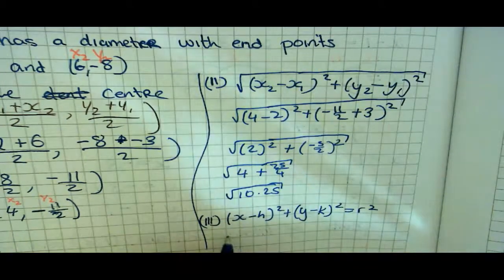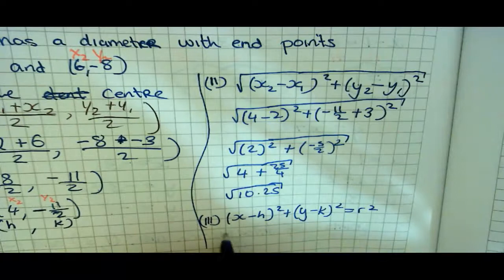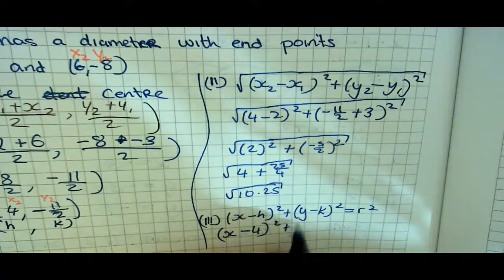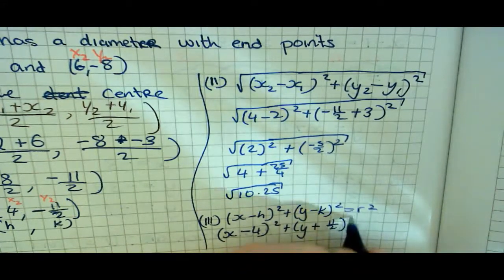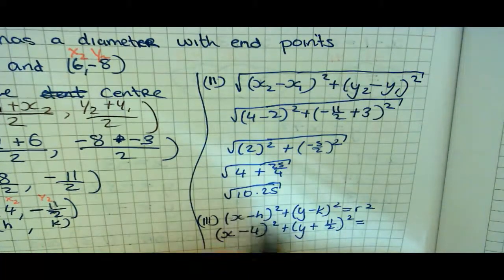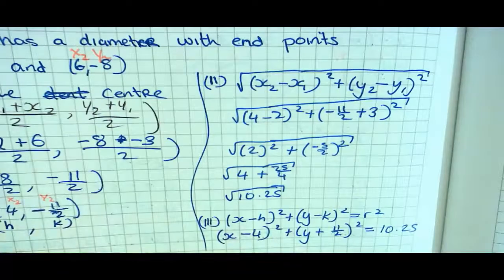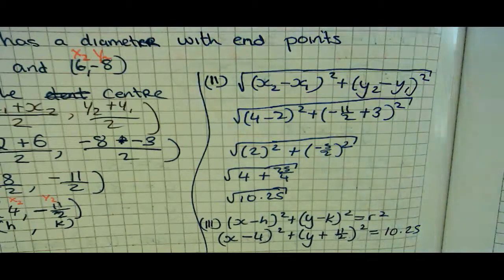So we know that the centre of a circle is (h, k), so we can say that (x minus 4) squared plus (y plus 11 over 2) squared is equal to r squared. So our root 10.25 squared is just 10.25. And we can leave it like that then.